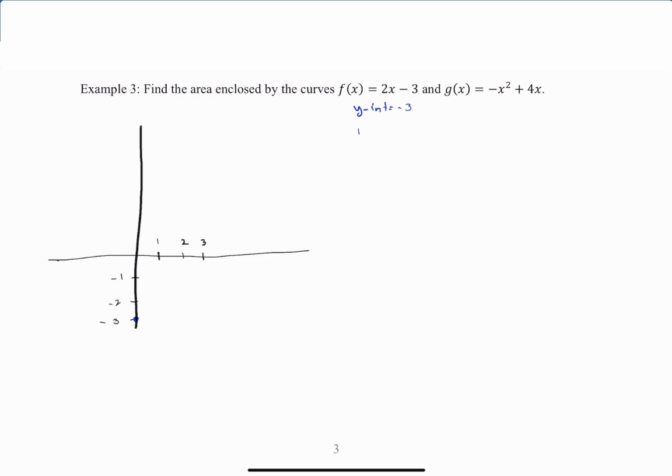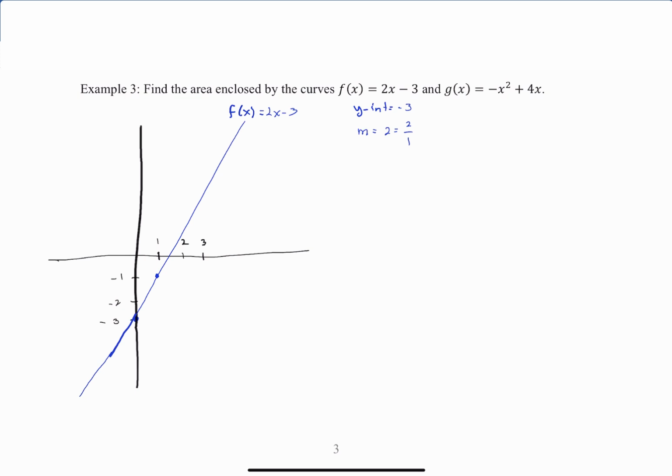And then it's got a slope of 2. So the rise over run will be 2 over 1. So I'll go up 2 for every 1 I go over. Okay, so there is our f of x.